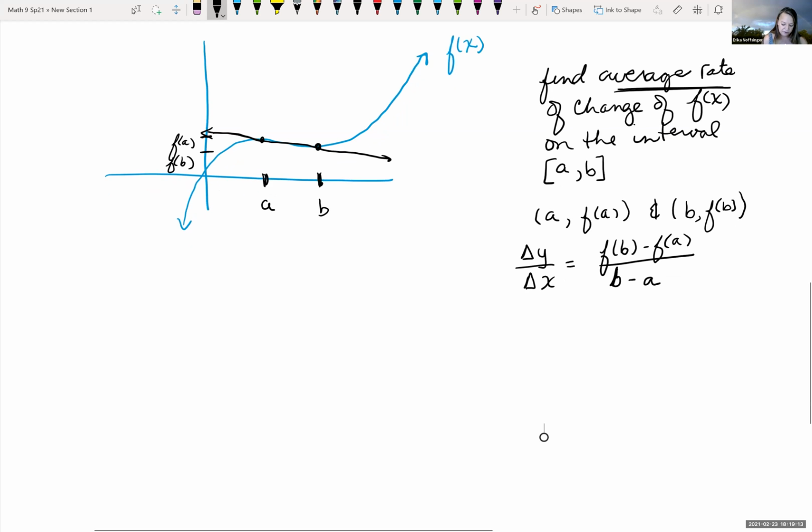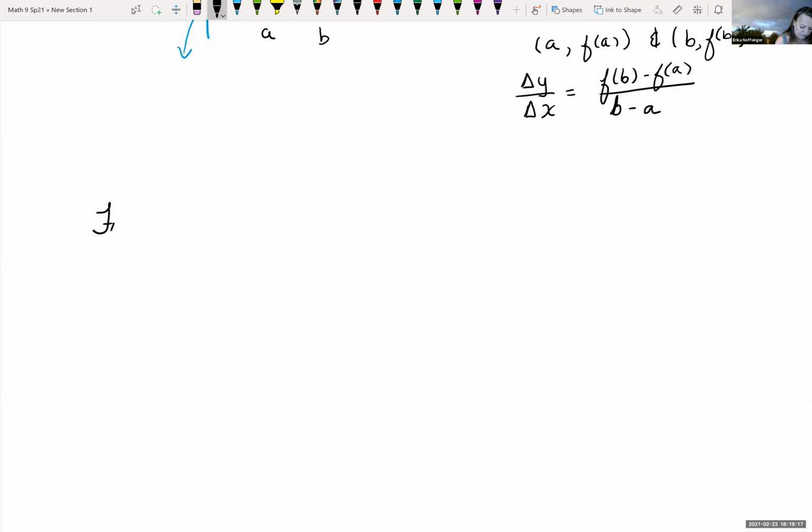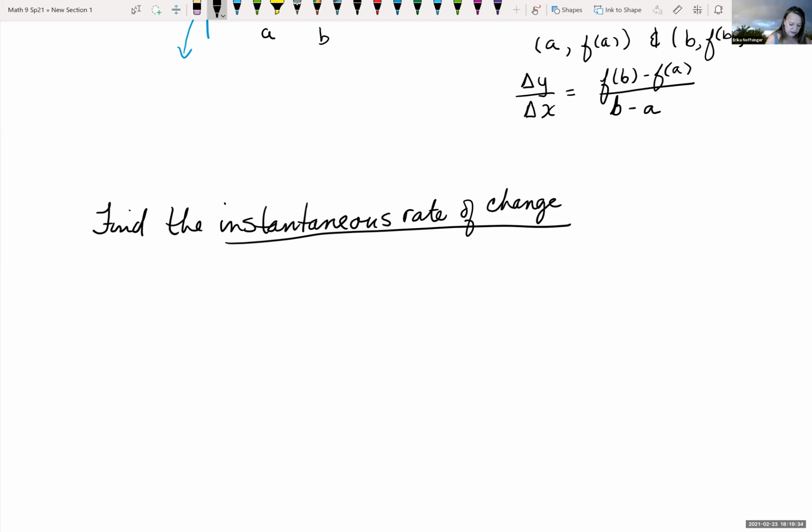And so now if we want to find the instantaneous rate of change at x equals A.